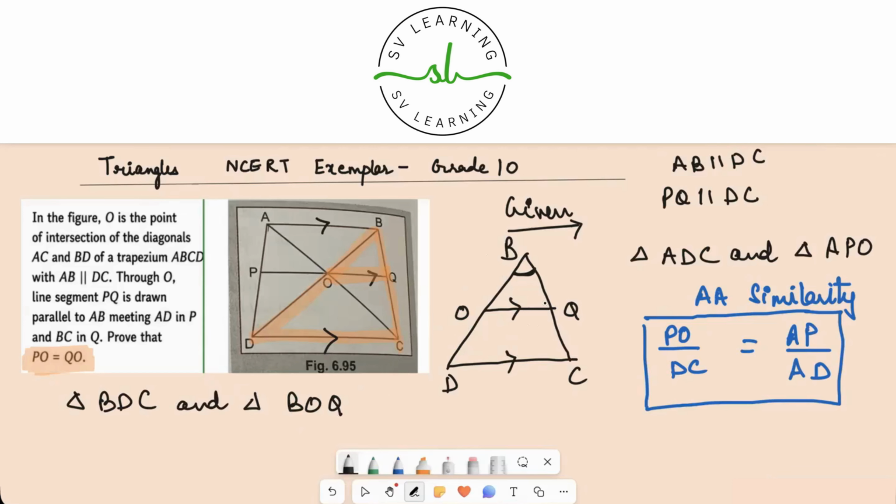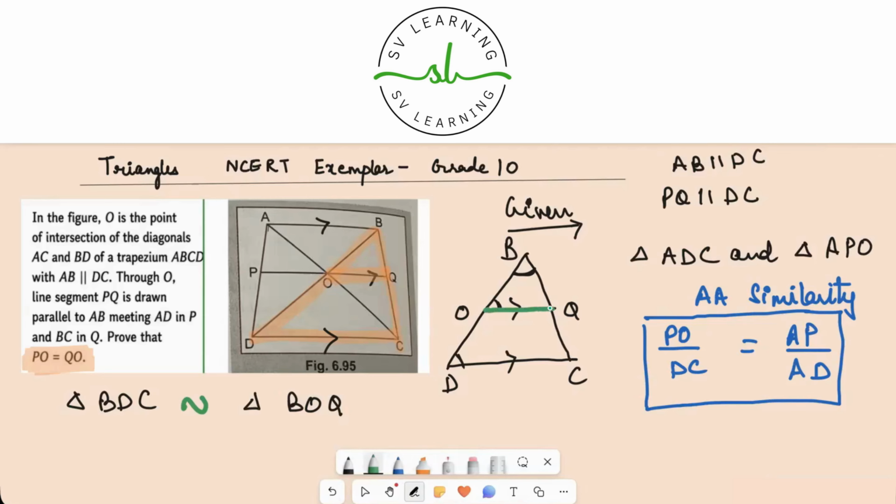It will come in triangle BOQ. It will come in triangle BDC as well. And write any one of these two pairs, you can say they are corresponding angles and equal. So they will also be similar. So we can say triangle BDC is similar to triangle BOQ. Again, we can apply similarity criteria.